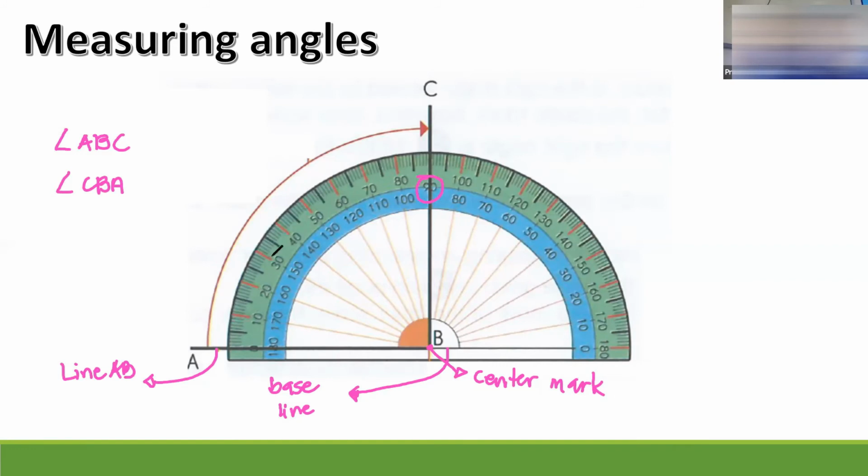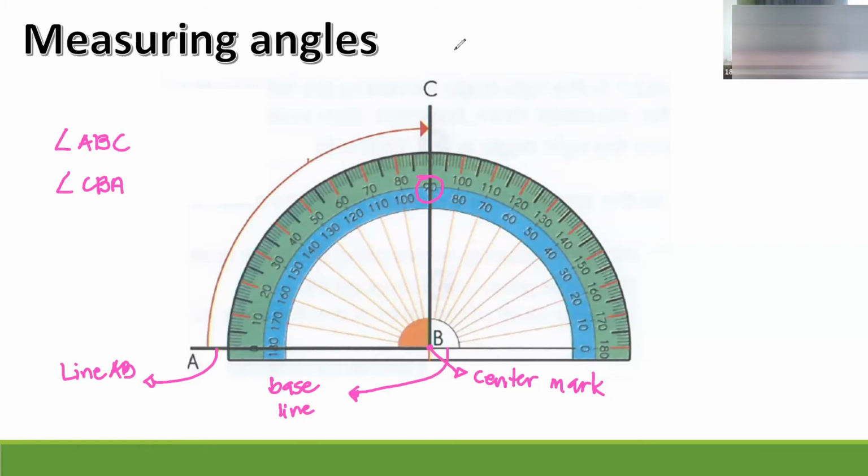Right? 10, 20, 30, 40, 50, 60, 70, 80, 90. That angle is 90 degrees. The measurement of the angle is 90 degrees. Do you understand how we get it? Yes.